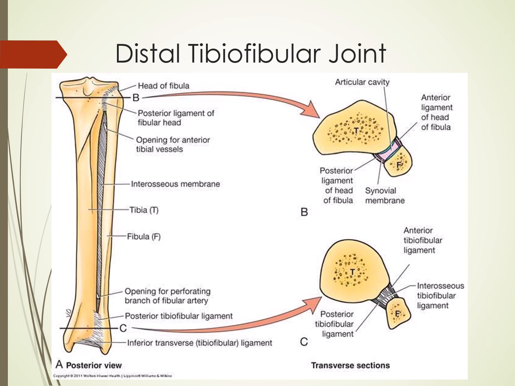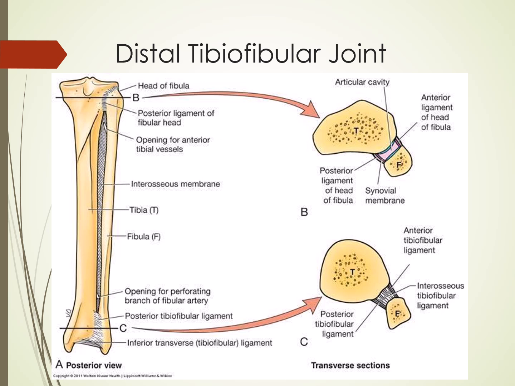The interosseous tibiofibular ligament is continuous above with the interosseous membrane, and forms the principal connection between the tibia and fibula.